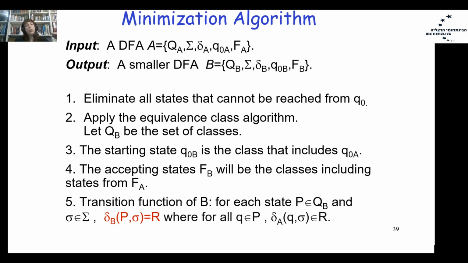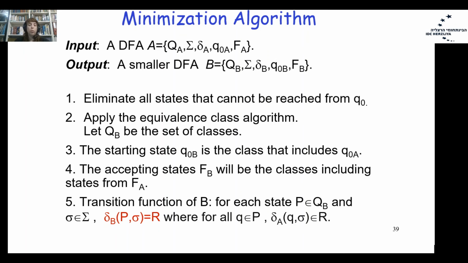Then we will use the equivalence algorithm that we started before, and let QB be the resulting set of equivalence classes. The starting state Q0B is the class that has Q0A in it. The accepting states FB will be the classes including accepting states from FA.